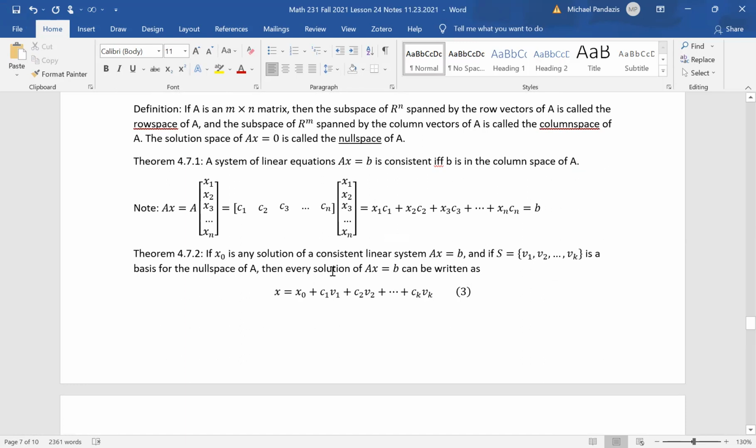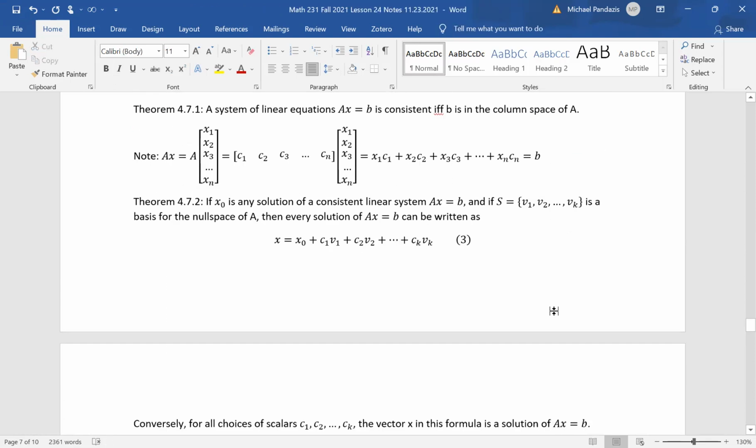Theorem 4.7.2. If X naught is any solution of a consistent linear system AX equals B, and if S is equal to this set, a basis for the null space of A, then every solution of AX equals B can be written as this.